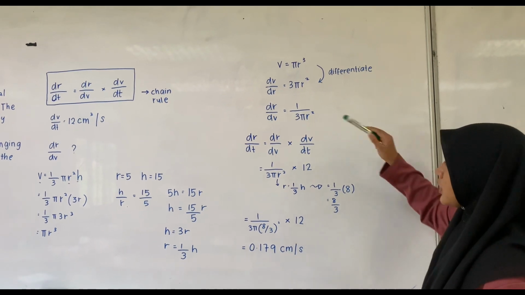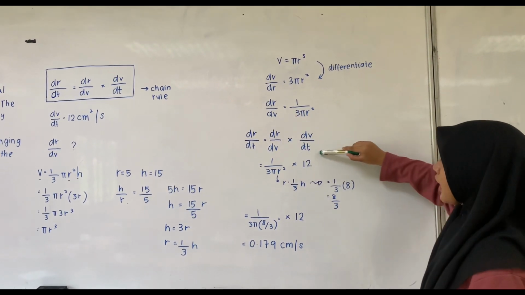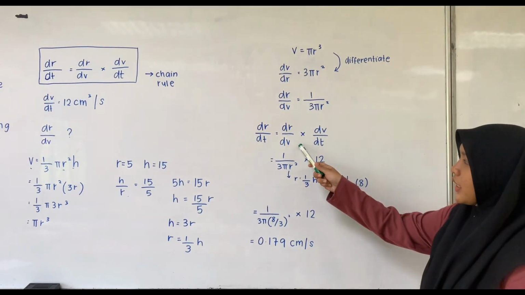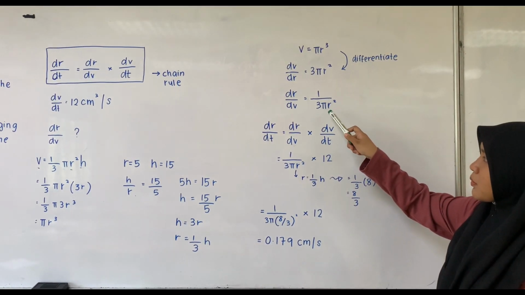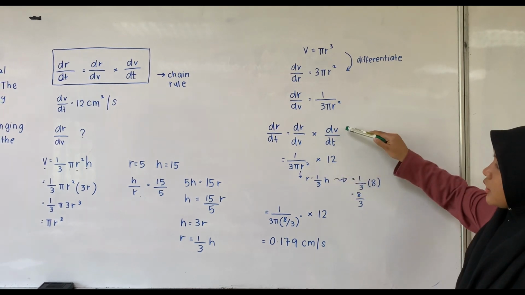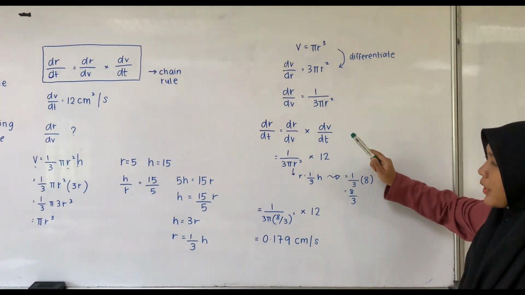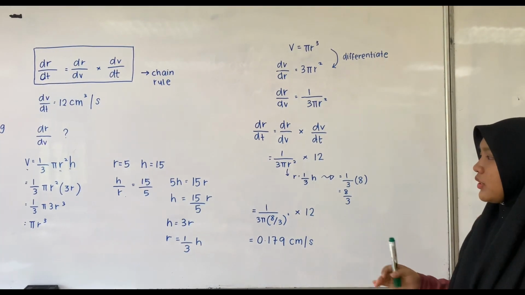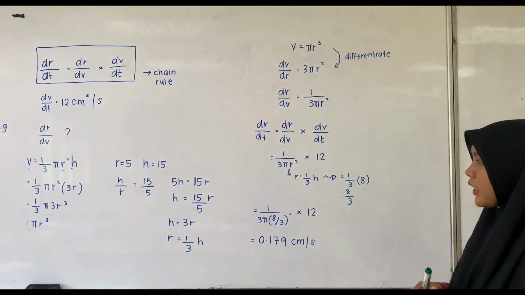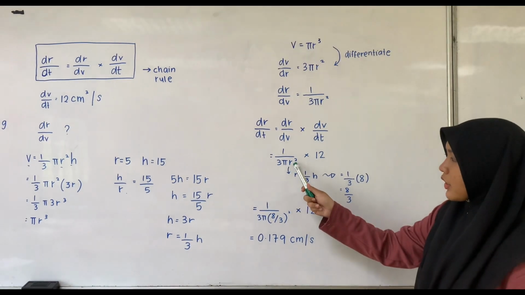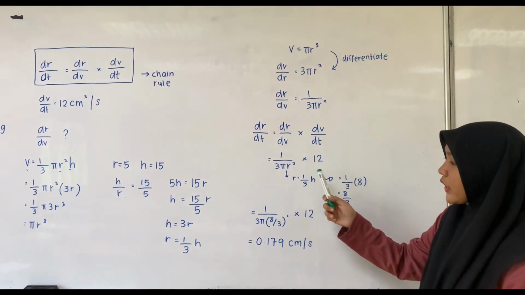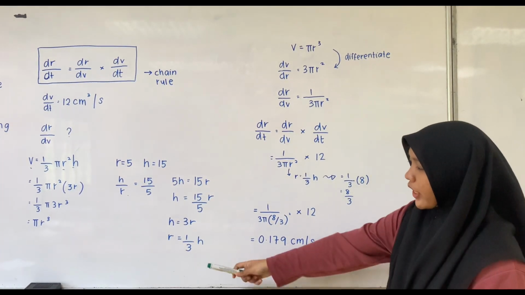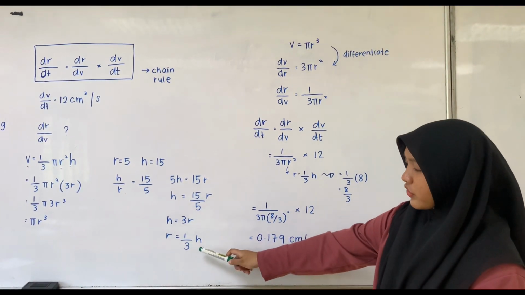Now, using the chain rule that we applied in the beginning, dr over dV is 1 over 3 pi r squared, and dV over dt equals 12. But the problem here is that the question wants to know how fast the radius is changing when the height equals 8. From r, as we already found in the previous solution, we have r equals 1 over 3h.